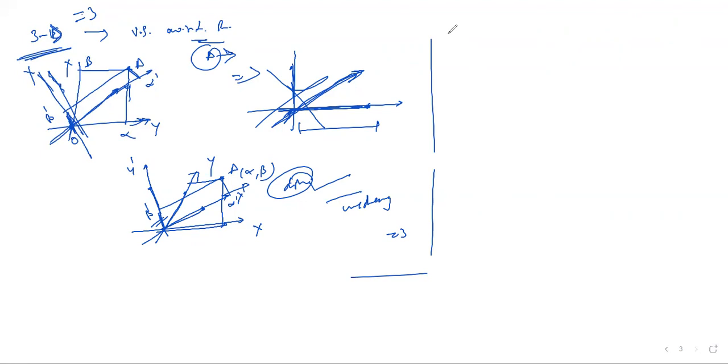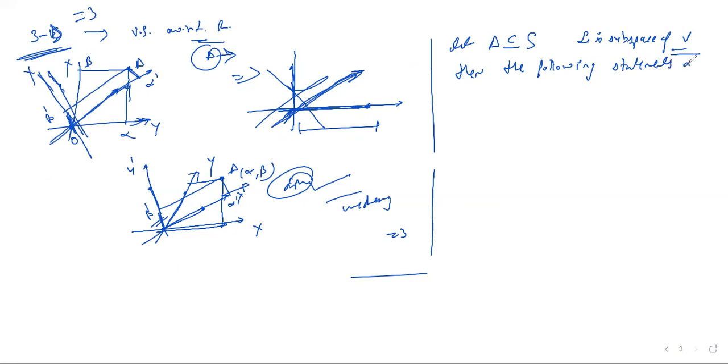So let's see them together. Let S be a subspace of a vector space, and let A be a subset of S. Then the following statements are equivalent.